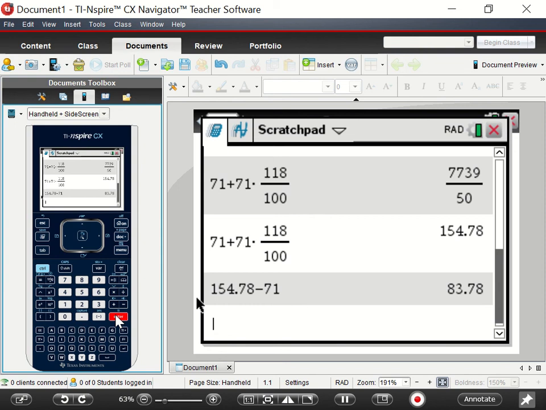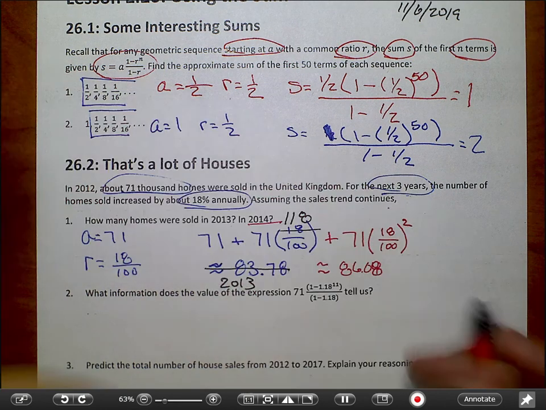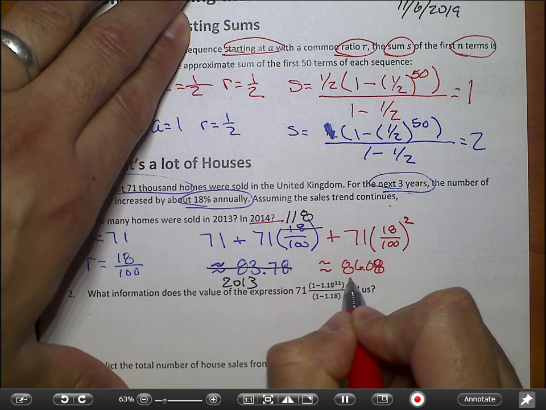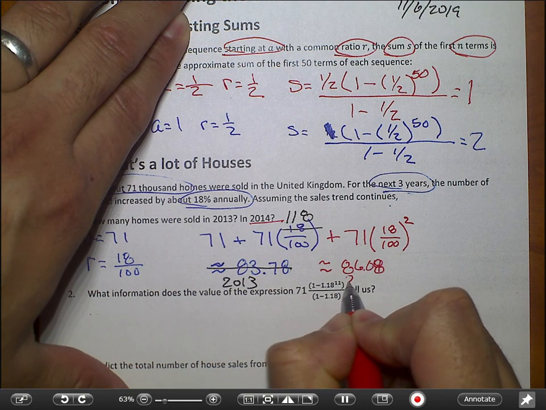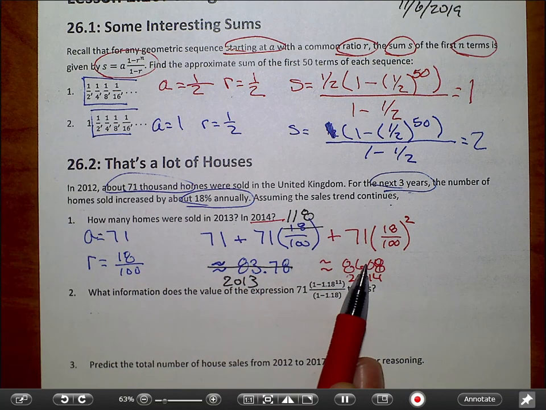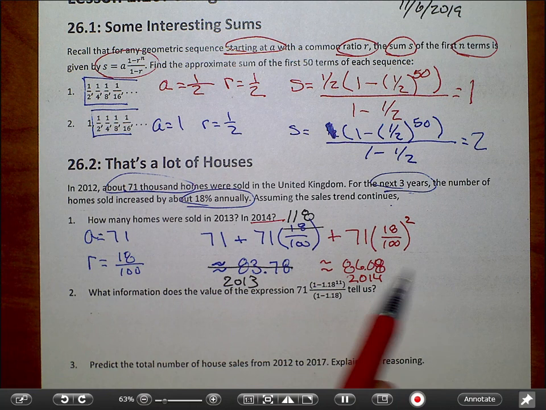For this one, I have to change my, where's my thing? Okay, so now for right here, it's going to be 2014, right? But if I did it correctly, it should be the sum of all of them.